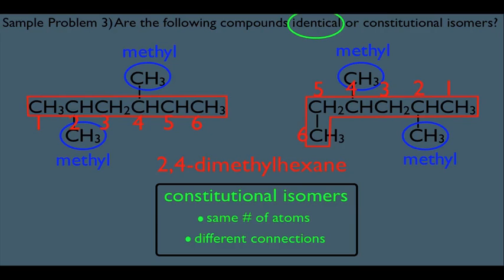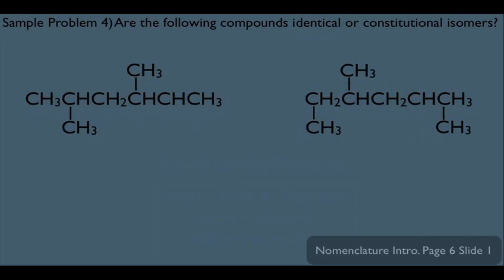Let me show you another example to make sure you got this. It says again, are these following compounds identical or constitutional isomers? And again, we notice that to the naked eye, they definitely don't look exactly the same. So let's try to name them. The longest chain for the molecule on the left would be this, 6 carbons long, and contain 2 substituents, one here and one here, both being methyls.